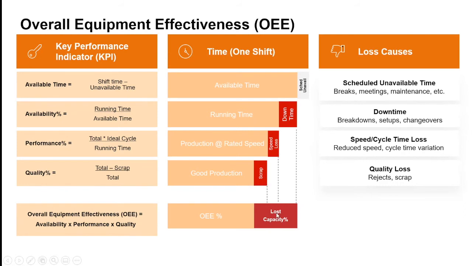All that leads to lost capacity. That's what OEE and FactoryTalk Metrics is all about, giving you reports on why you're down, what's causing downtime, and where am I losing scrap.